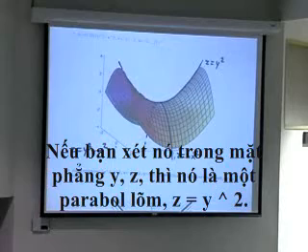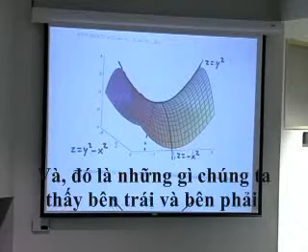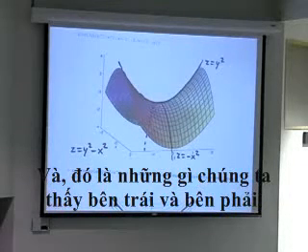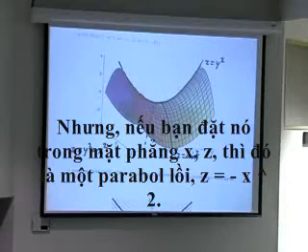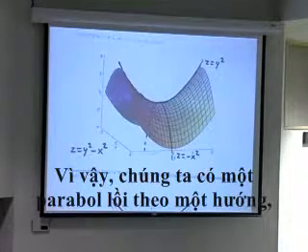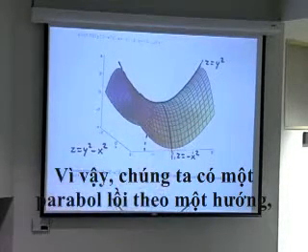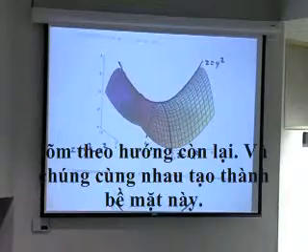If you look at it in the yz plane, then it's a parabola going up, z equals y squared. And that's what we see to the left and to the right. But if you put it in the xz plane, then it's a parabola going downwards, z equals minus x squared. So we have a parabola going downwards in one direction, upwards in the other one, and together they form this surface.